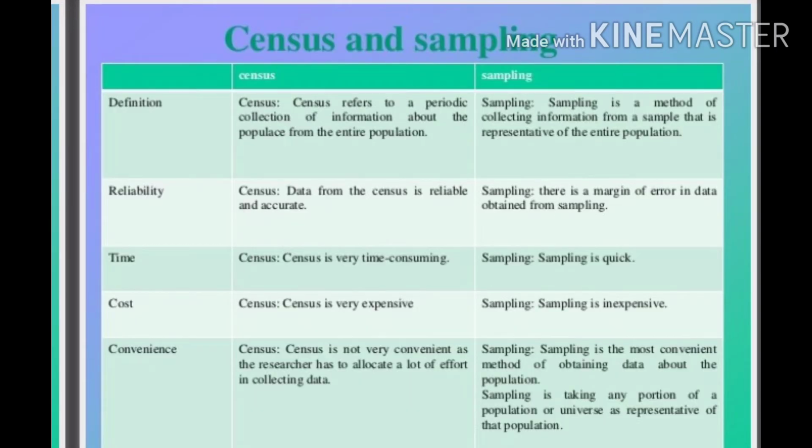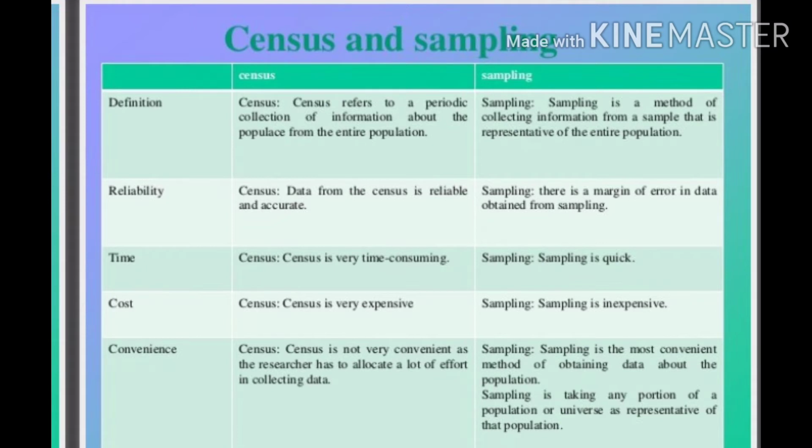Census and sampling. So this is the difference between census and sampling. Definition: census refers to the periodic collection of information from the entire population. Sampling is a method of collecting information from a sample that is representative of the entire population.